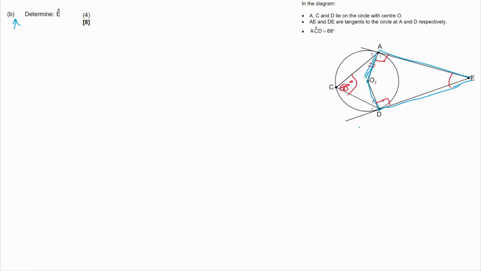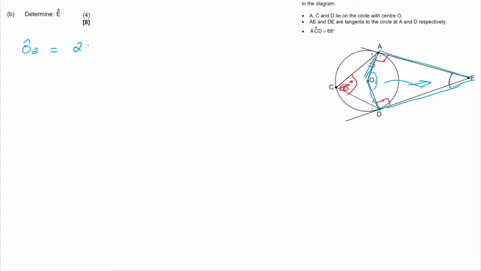Okay. Now, so we need to find E over here. Well, if we know O2, we can find E because we know that these two angles are supplementary. They add to 180. Okay. But we can find O2. Okay. Because O2 is angle at the center is double angle at circumference. Okay.